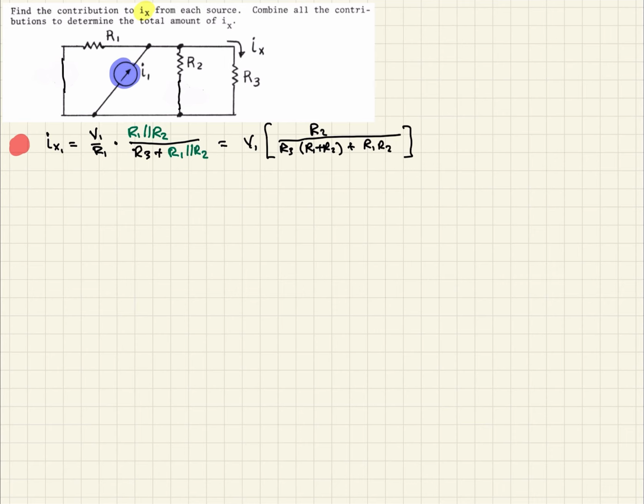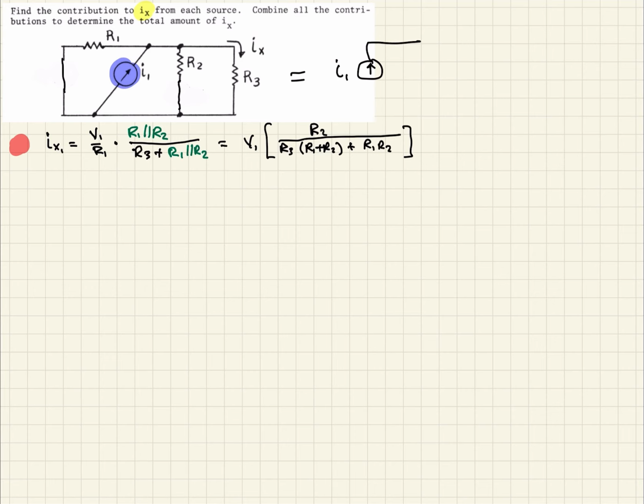And so as before, in this case, we don't even have to do a transformation, but we can redraw it to make it a little easier to see. Again, we have a current source, and this time it's just I1.